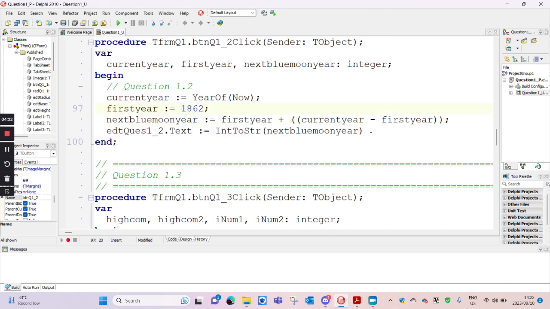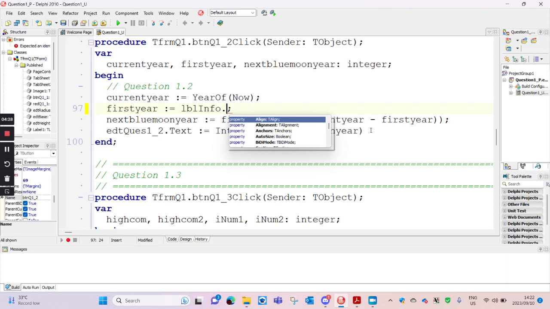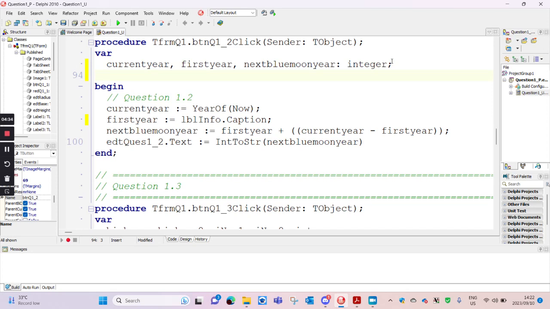So who knows? How do I extract something from a label? Dot caption. Perfect. All right. So I'm just going to create a string here. Let's say first. I'm just going to call it first. I'm going to make it a string. And then just say first year.